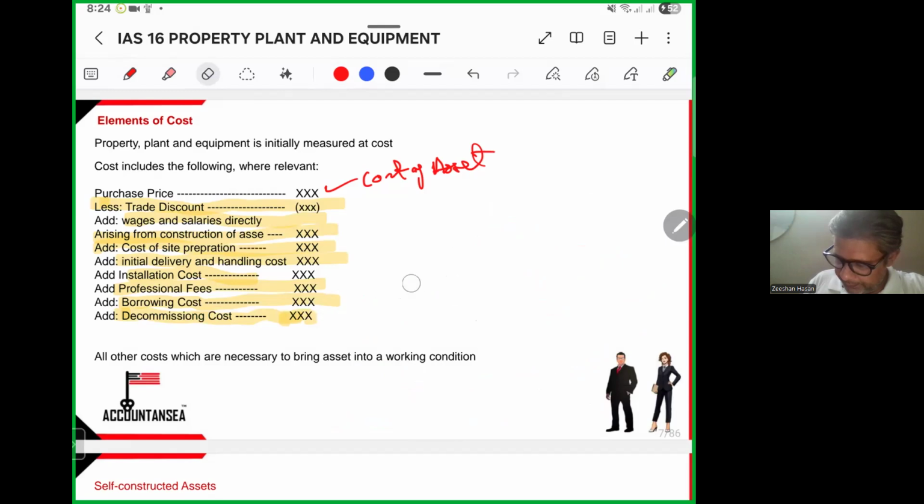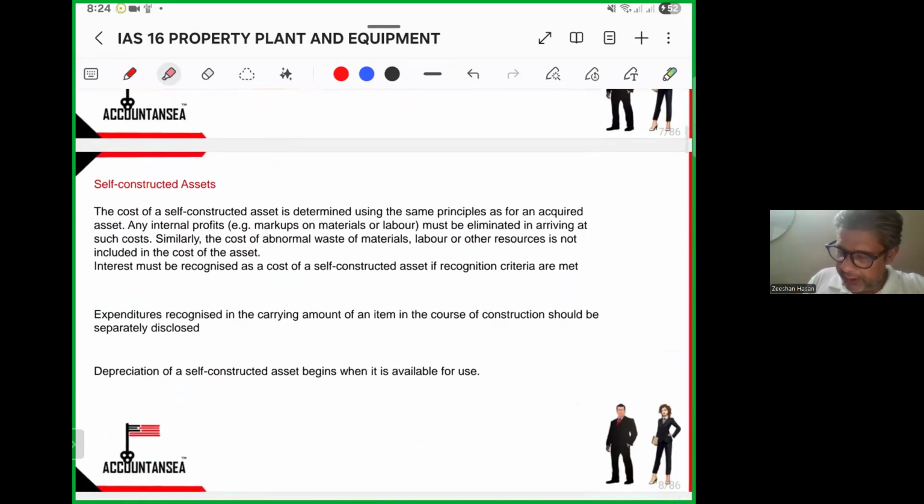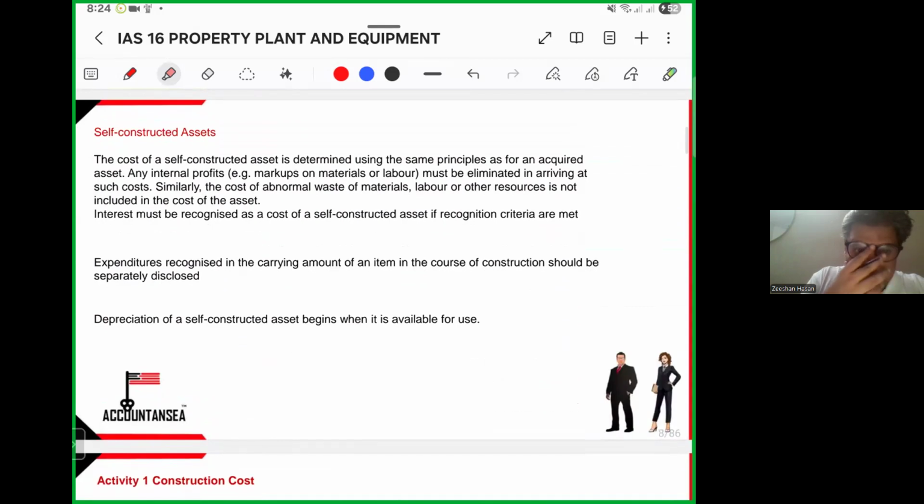Now, after that, all other costs which are necessary to bring the asset into working condition will also need to be capitalized. As far as self-constructed assets are concerned, the cost of a self-constructed asset is determined using the same principles as for an acquired asset.